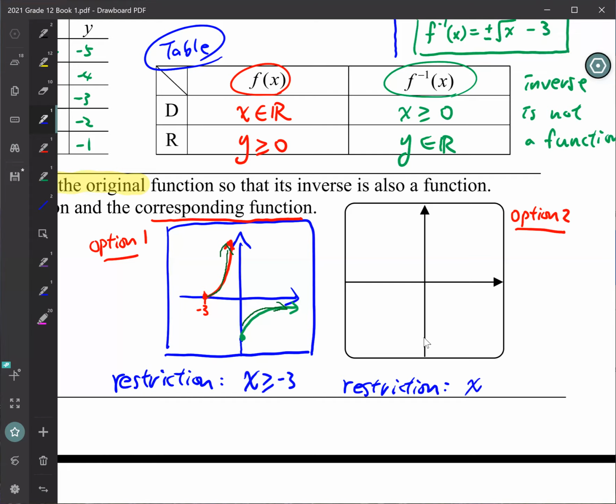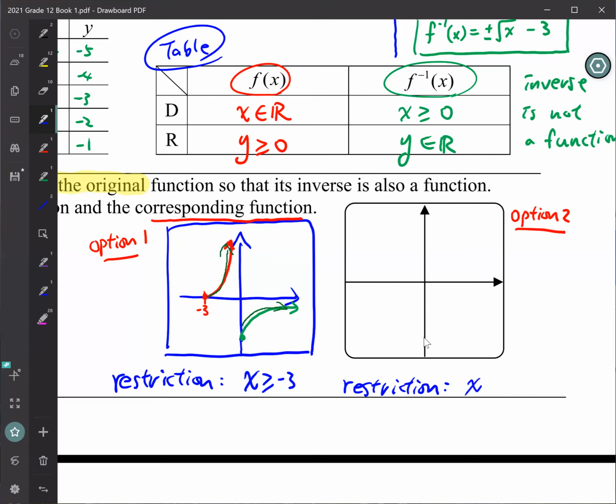X is greater than or equal to 0. No. The first option is we keep the right hand side, right? The right half or the upper half of the inverse. So it's Y greater than -3.